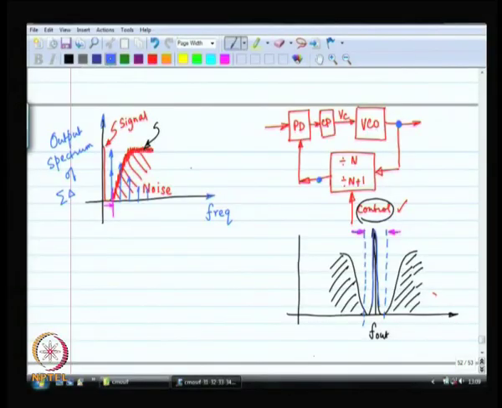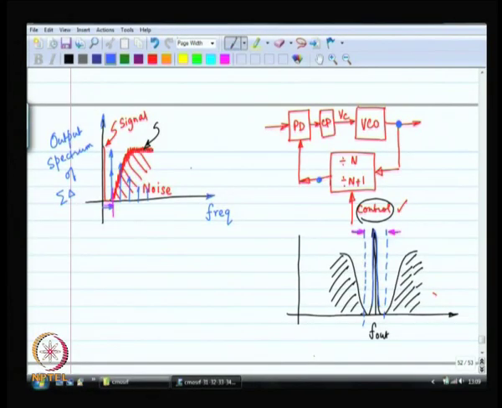The sigma delta modulator design, we said that it is going to be easy, it is no longer sounding that easy, right, because now you have to make sure that, let us say this is my loop bandwidth over here, half of the loop bandwidth, right. Let us say this is your 1 megahertz. So, from 0 to 1 megahertz you have to make sure that there is only signal and no quantization noise.